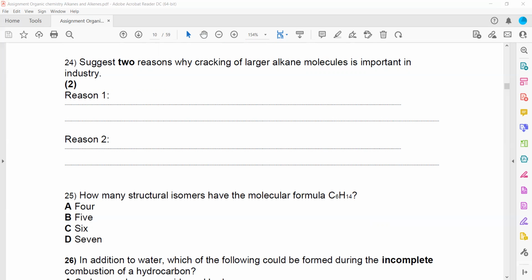Because the small molecules or short chain alkanes are in more demand as compared to long chain compounds. So the demand for small molecules is more than for the long chain. That's why cracking is done.